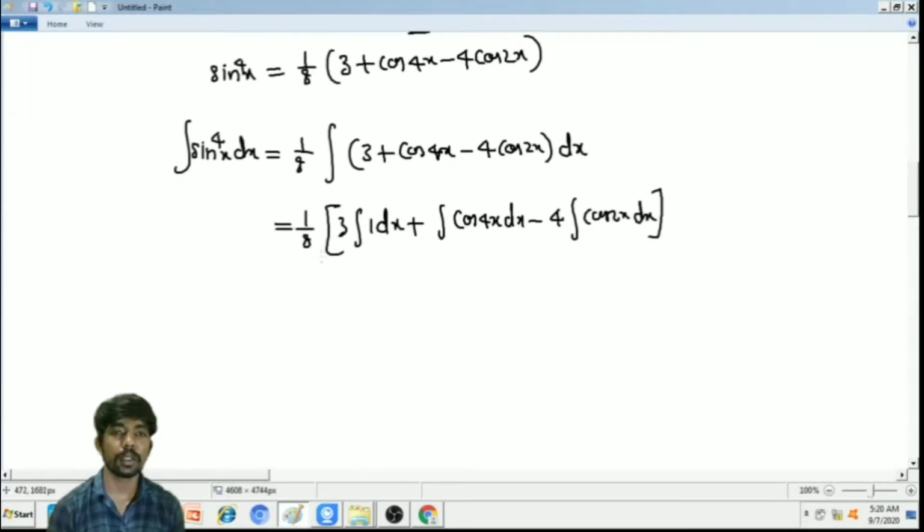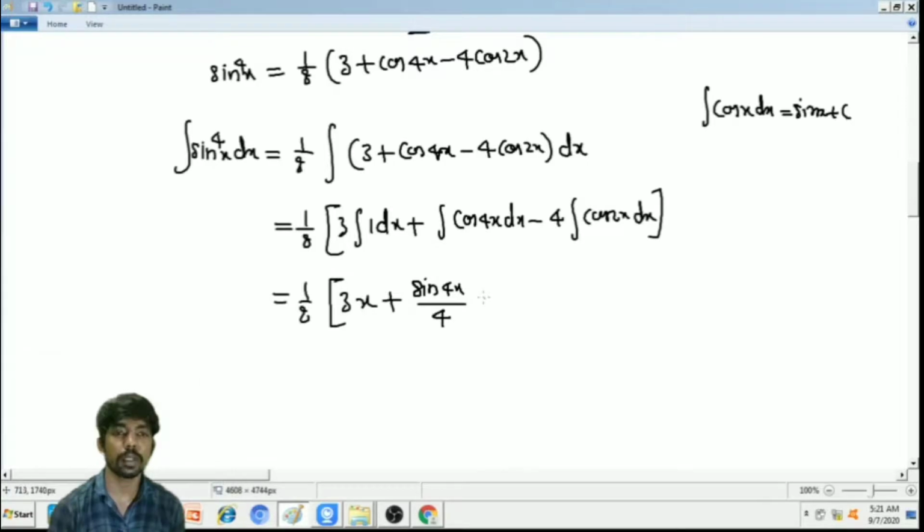Integration of cos x dx is sin x plus c. So I am writing here 1 by 8 times of 3 integration of 1 is x plus integration of cos is sin 4x by differentiation of 4x, which is 4, minus 4 into integration of cos is sin 2x by differentiation of 2x, which is 2, plus c.